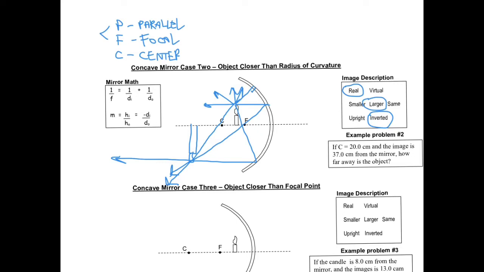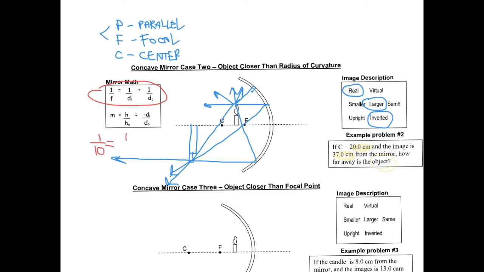So we'll do a little bit of the mirror math on this. If C is 20 centimeters and the image is 37 centimeters from the mirror, which seems about right, how far away is the object? So we're going to use the first equation, the lens maker's equation. And remember that F is half of what C is.